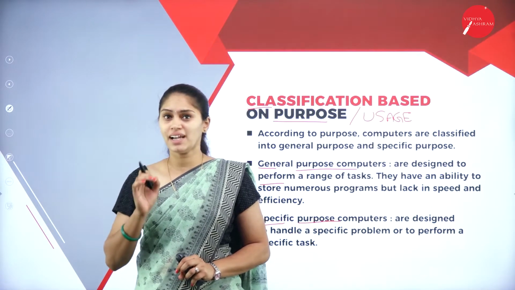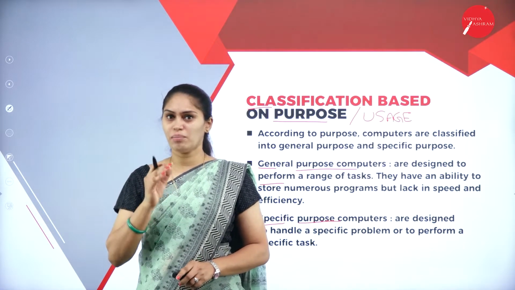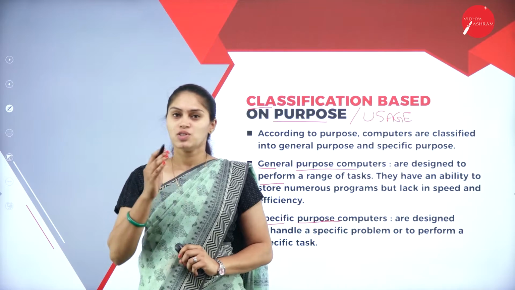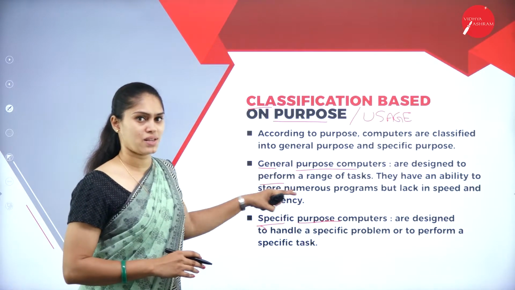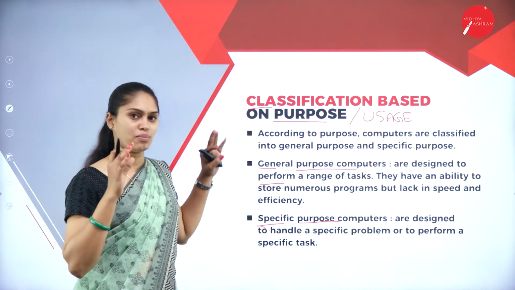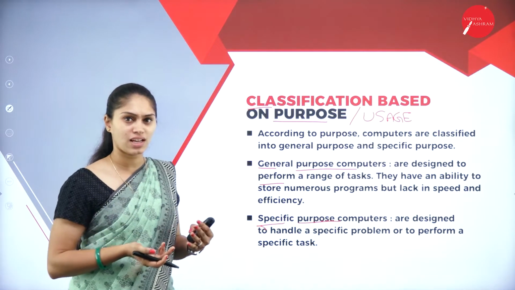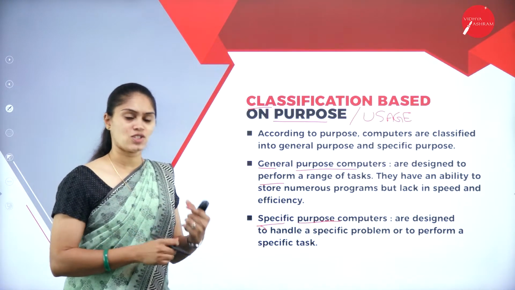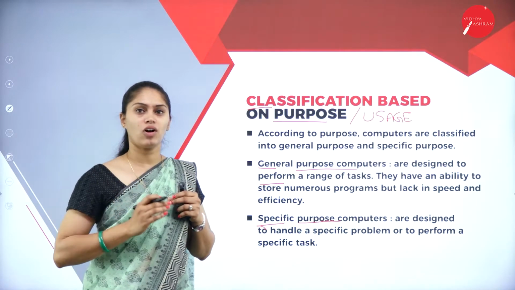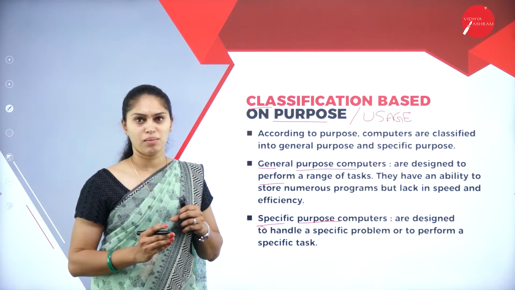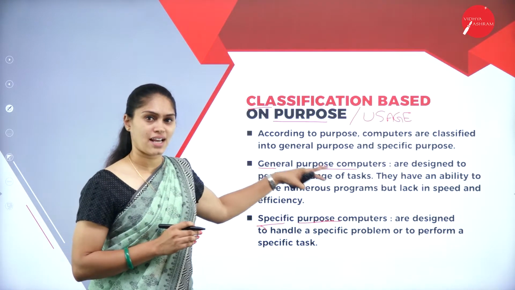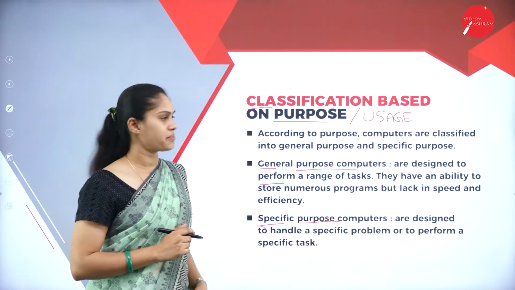No. It is mainly designed only for a special or specific purpose. So that is the difference between general purpose and specific purpose. Based on the usage, whether it is generalized or developed only for a special purpose, computers are classified into two parts.